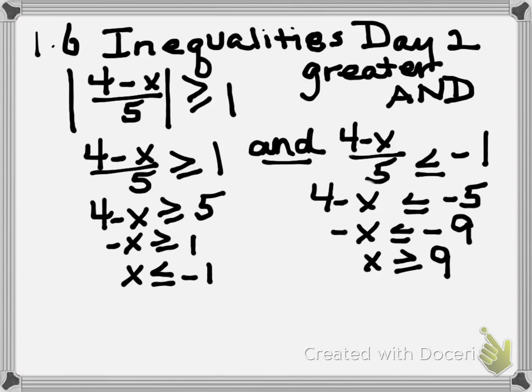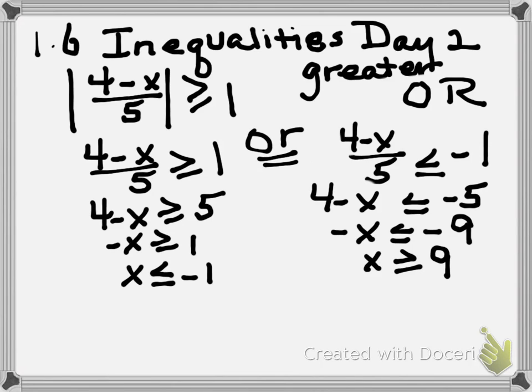Now, I'm sorry, this is incorrect here also. This is an or situation between them, not an and. Okay, so we have an or situation because it's greater than or equal to. Less than or equal to is conjunctive, or an and.